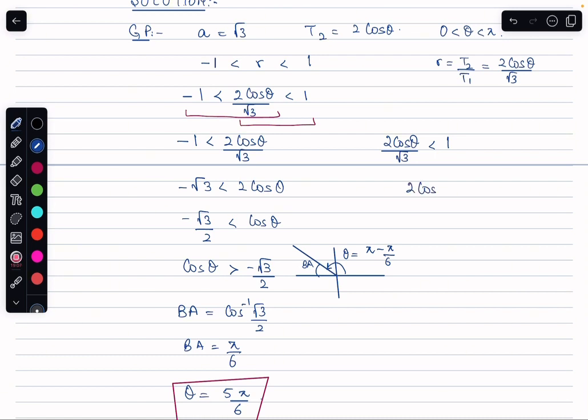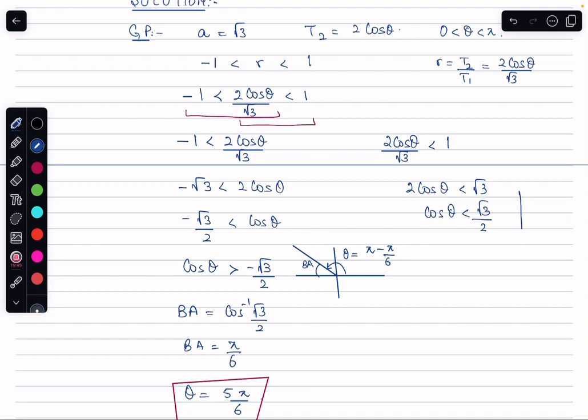So I can say this is 2 cos theta less than under root 3, or cos theta less than under root 3 by 2.